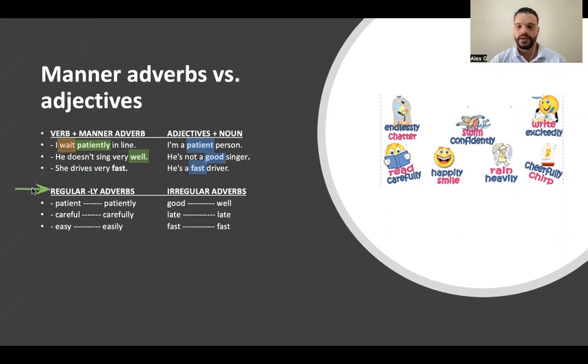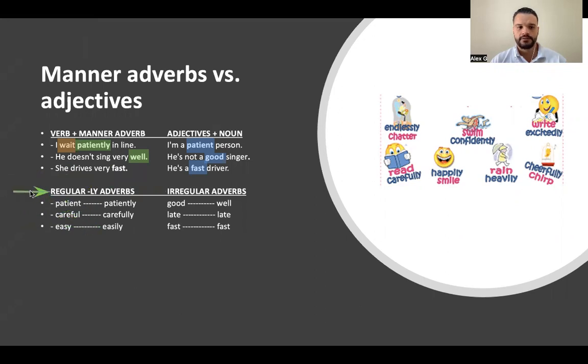As you can see, we have two different types of adverbs. We have regular adverbs and irregular adverbs. For example, patient, patiently, careful, carefully, easy, easily.